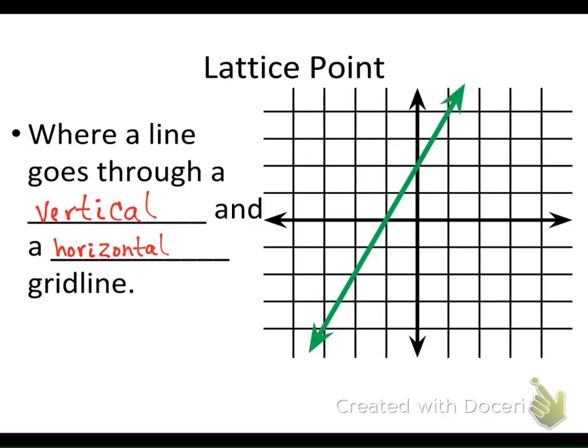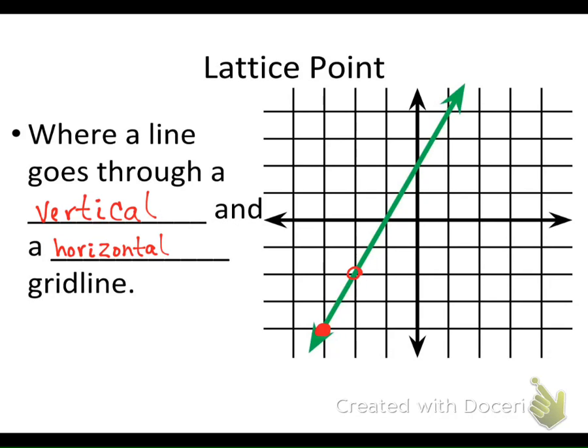So if we look at my chart here, I'm going to look where that line goes right in the corner of my horizontal and vertical lines intersect. So this would be an example of a lattice point. Would this here be an example of a lattice point? No. Why not? Because it's not in the corner of where that horizontal and that vertical grid line cross, so that's not a lattice point.